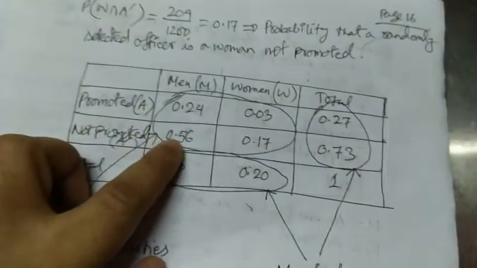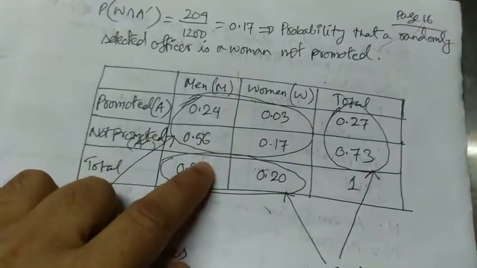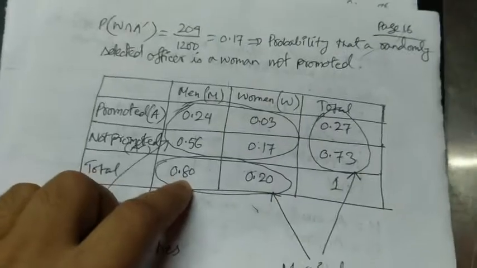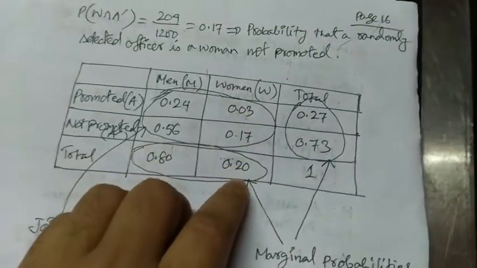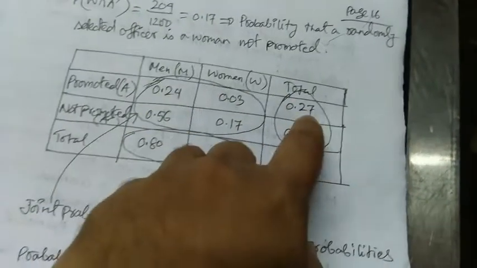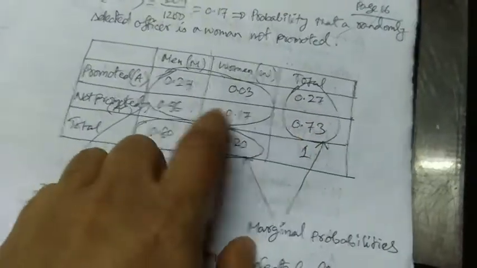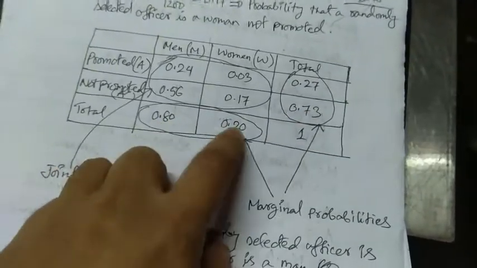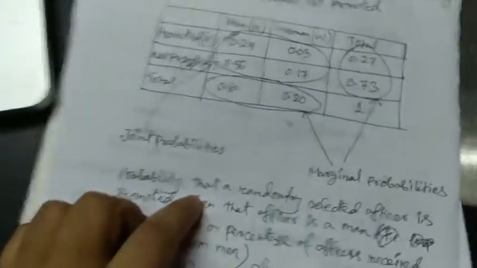Now if you put the probabilities in the right cells, you can see this is 0.24, this is 0.56, and the totals are 0.80, 0.20, 0.27, 0.73, and the grand total is 1. If you add these, it is 1.